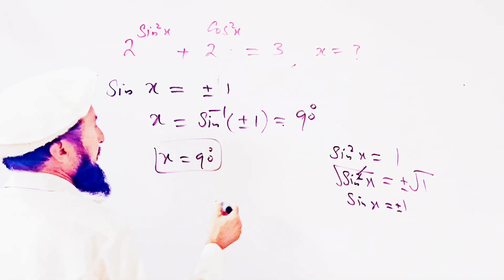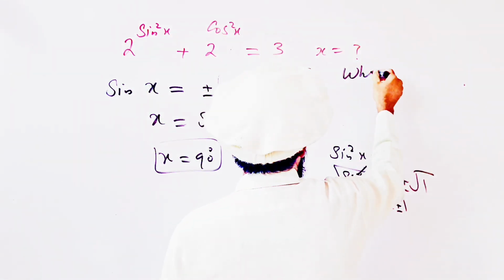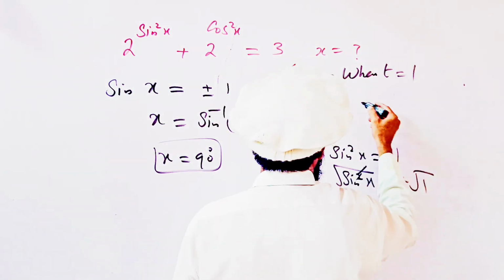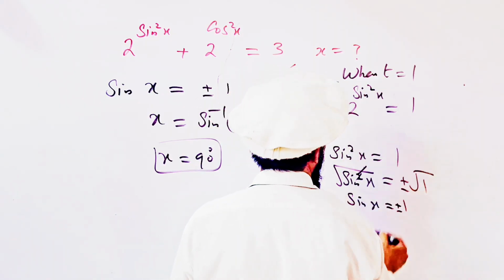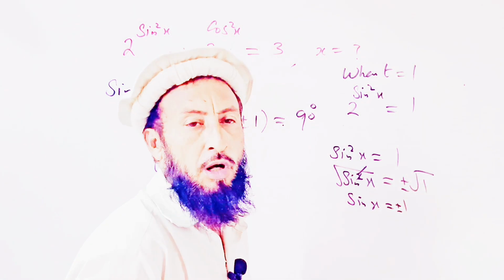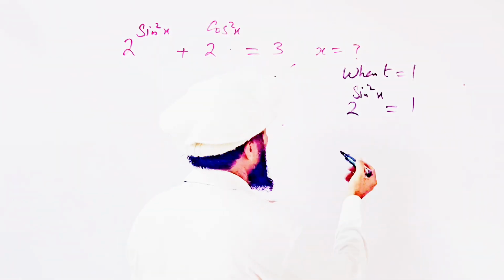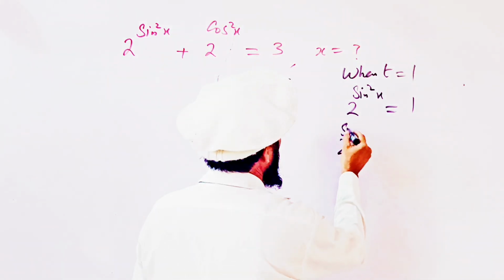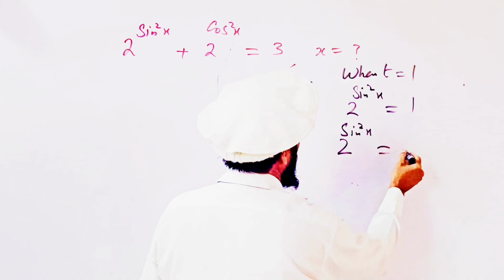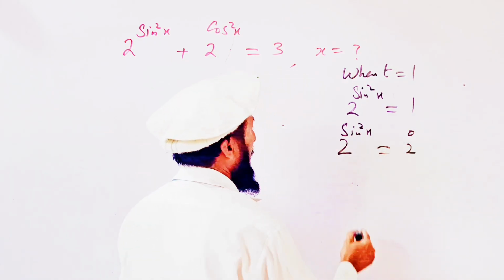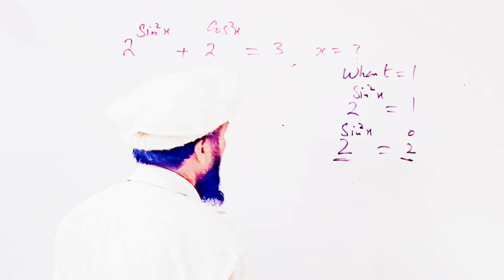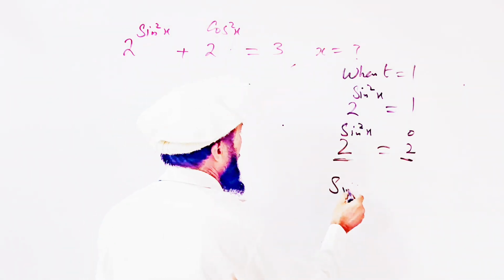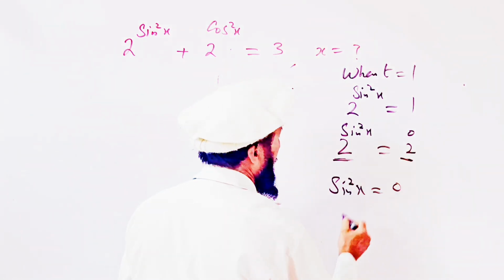Similarly, when t is equal to 1, 2 exponent of sine square x is equal to 1, but here we require the base 2, so we can write 2 exponent of sine square x is equal to 2 exponent of 0. Now the bases are the same, and comparing their exponents, sine square x is equal to 0.